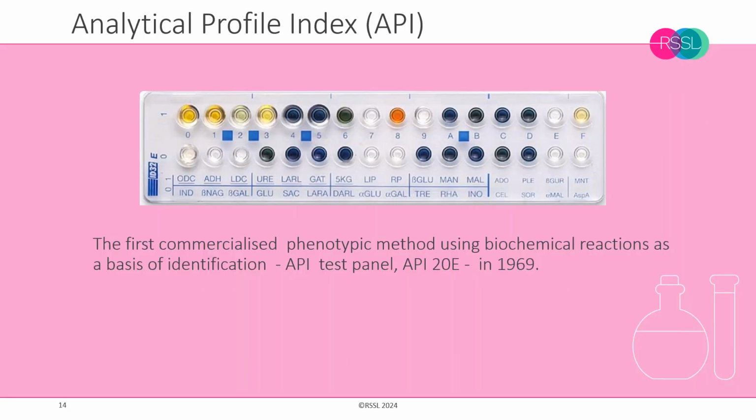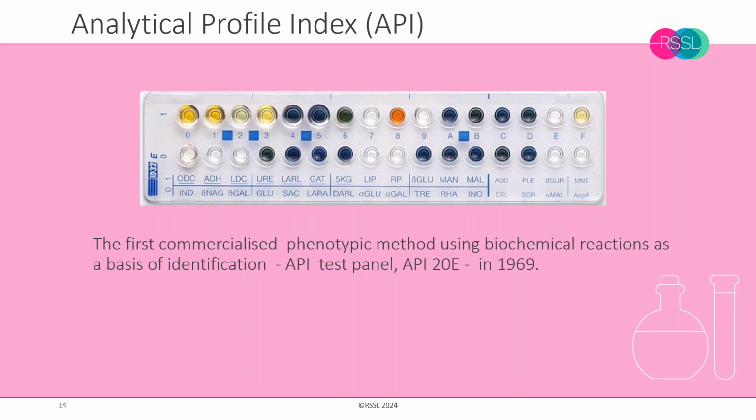So if we begin with the simplest biochemical type of method available. On the screen there is an API kit. It was the first commercialized phenotypic method using biochemical reactions brought together as one test.